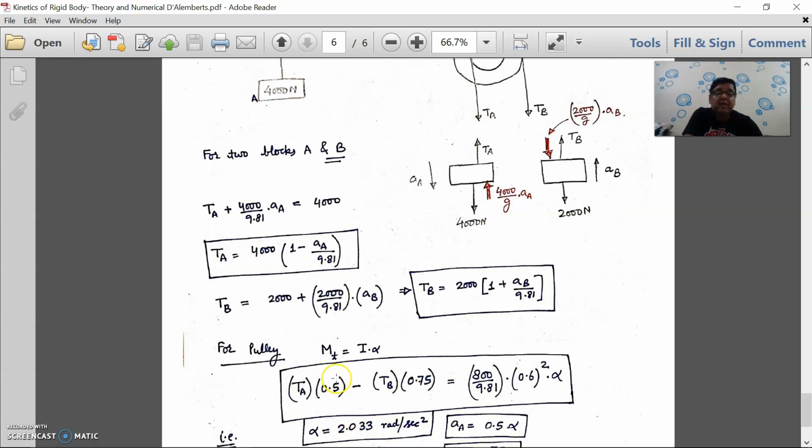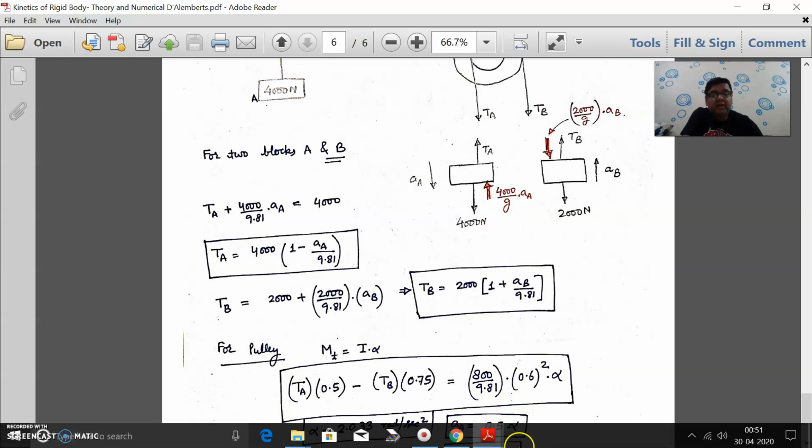Still, it's a big problem, with so many unknowns. TA is unknown and aA is unknown; TB is unknown and aB is unknown; and alpha is another unknown. How do we deal with this type of problem? But here comes the ray of hope.